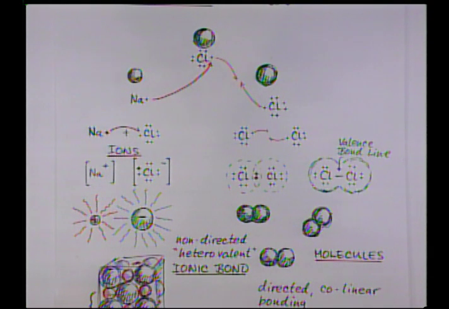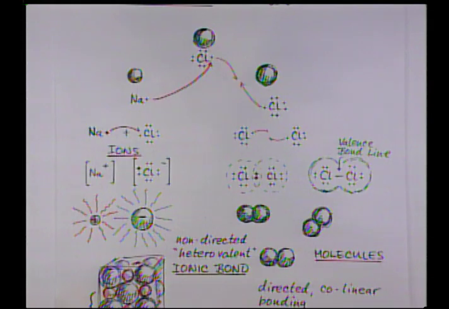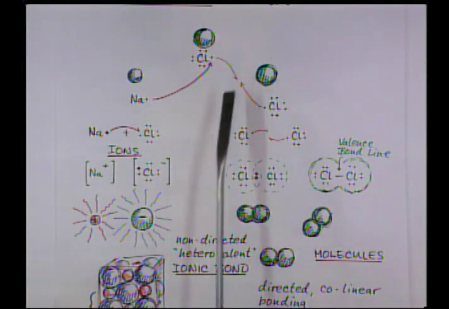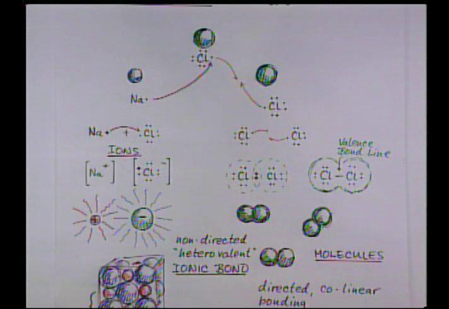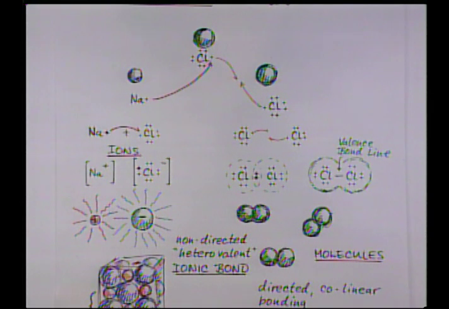So I'm going to go back and show you that these 2 chlorine atoms can get the octet in a different way because each chlorine doesn't want to give up an electron. They want to receive one, but they come into a kind of consensus and tell each other, look, let's put 2 of our electrons together, make an electron pair, and we both can use it.